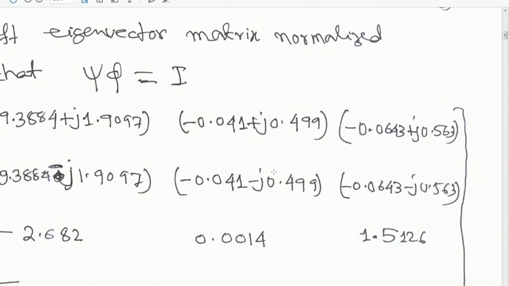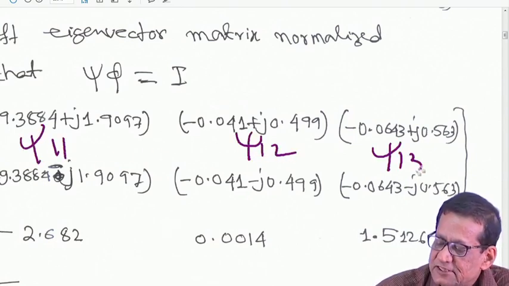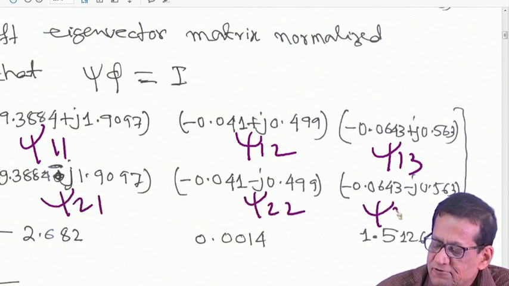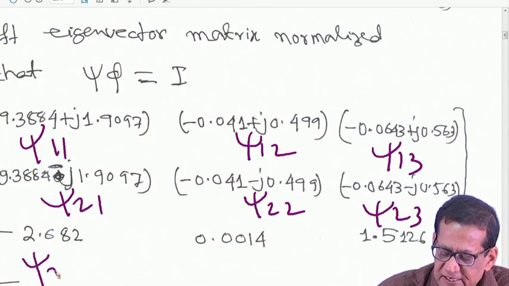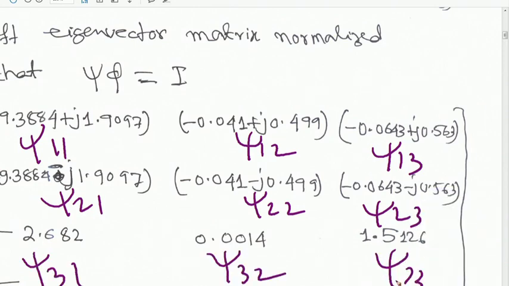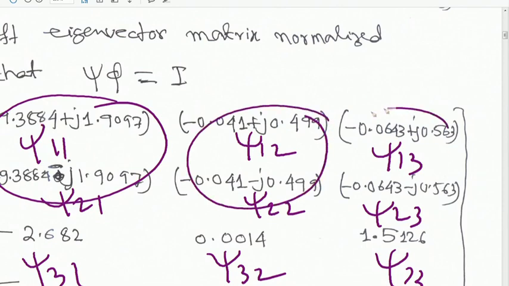In this case also, this is psi 1 1, psi 1 2, psi 1 3; this is psi 2 1, psi 2 2, psi 2 3; and psi 3 1, psi 3 2, psi 3 3. Looking column-wise, these two eigenvalues are a complex conjugate pair. Similarly, these two also, and the third row is basically real, because one eigenvalue is real.